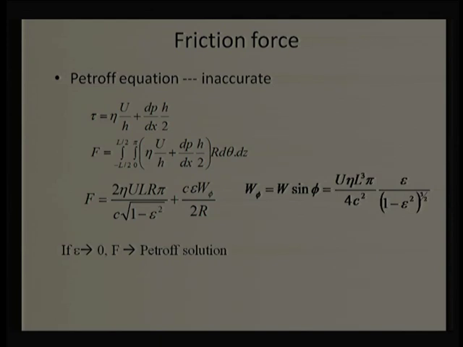How will friction force be generated? Friction force cannot be generated. That means the Petrov equation, which is predicting friction force in this case, is inaccurate. No normal force, but still there is a friction force. That's not a good option. That's why we say that the Petrov equation cannot be used for bearing design.